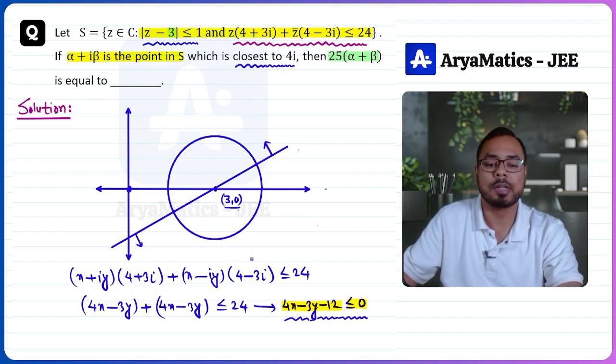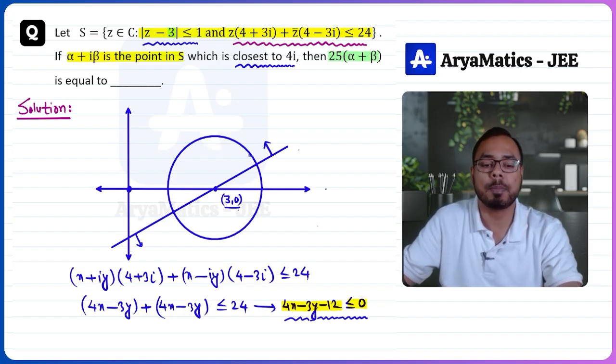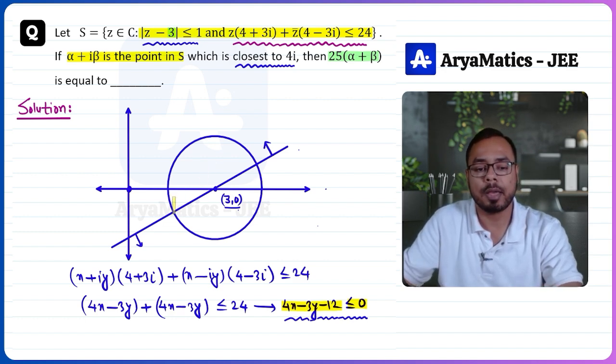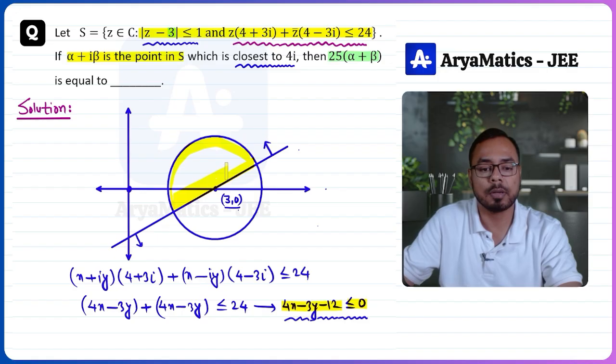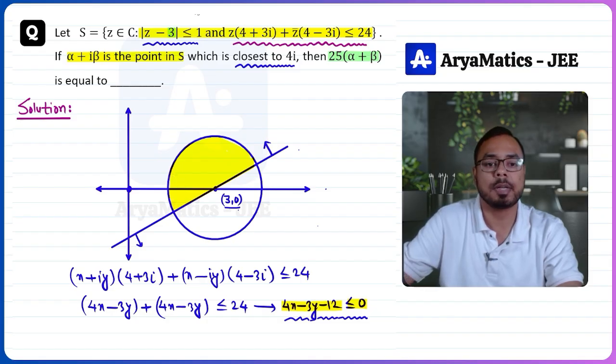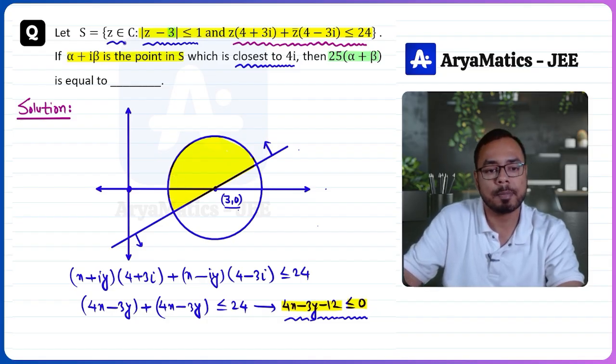Minus 12 is less than 0. So that means it will represent the upper side of this line. So points inside the circle and also on the upper side of this line. So that means this is the intersection of the two inequalities, right? This shaded region represents all the points in S.